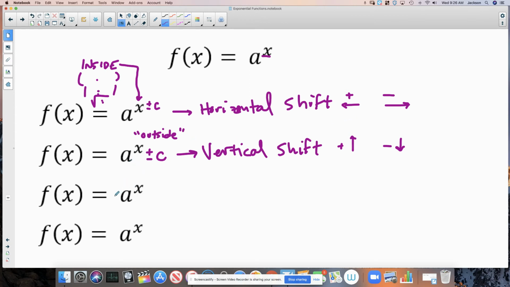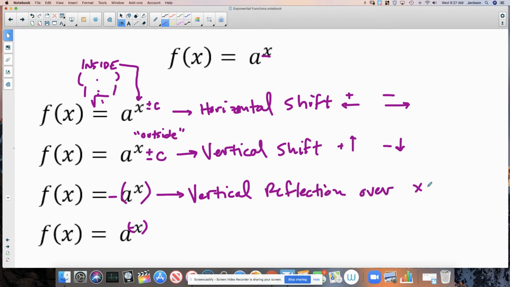Okay. Another one that we're going to see a lot of is a negative sign, and that negative sign can show up in one of two places. It can show up in front of our power, or it can show up in the exponential level. If it shows up in front of our power, we know that this is outside the exponential level. So this is a vertical reflection, and that would be over the x-axis, where we flip the graph over vertically.